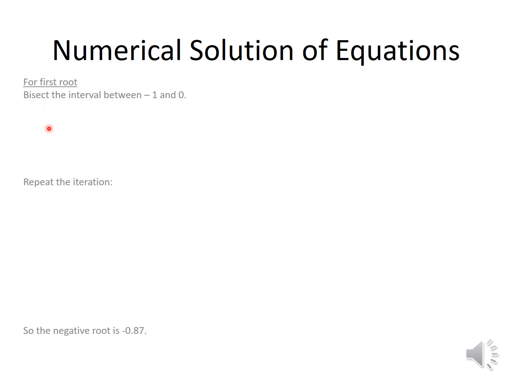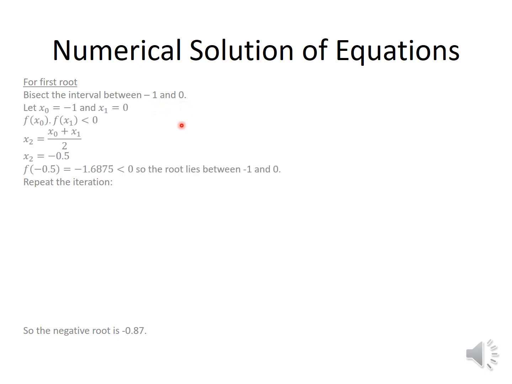For the first root, we know that the root is between x equal to negative 1 and 0. So we let x0 equal to negative 1 and x1 equal to 0. First, you sketch a number line.